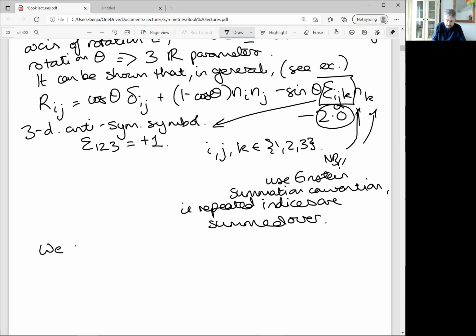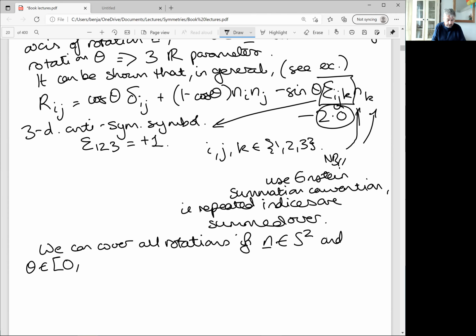So we can cover all rotations if n is in the 2-dimensional sphere and theta ranges between 0 and pi. So a rotation about an angle larger than pi is thought of as a rotation about -n.